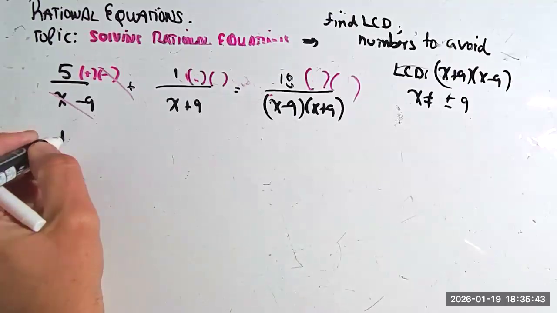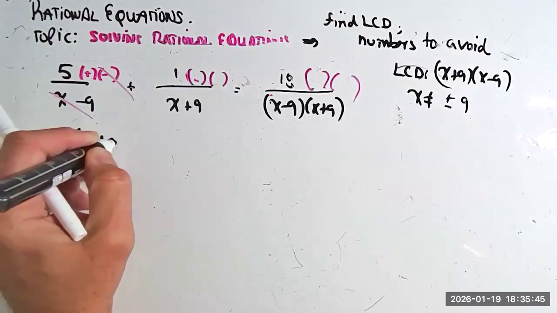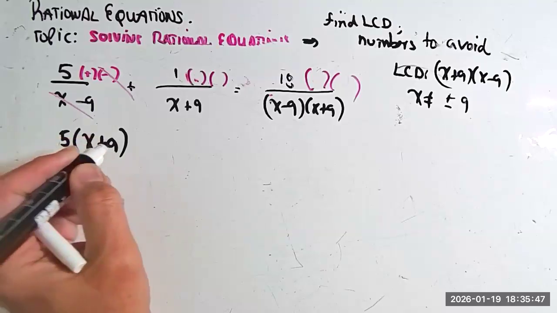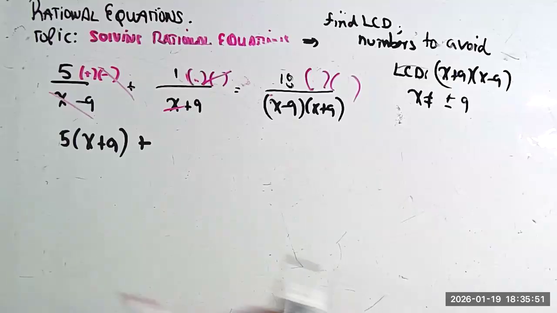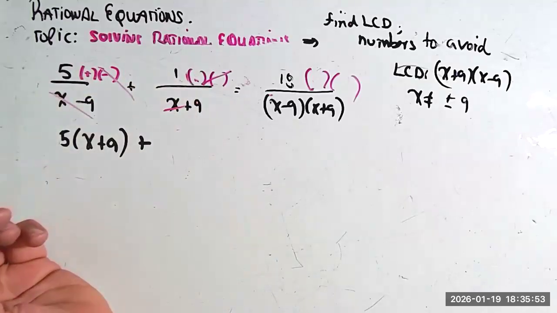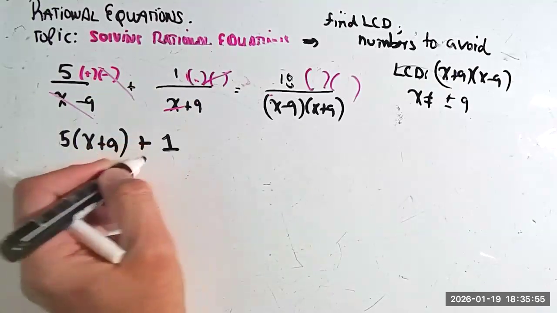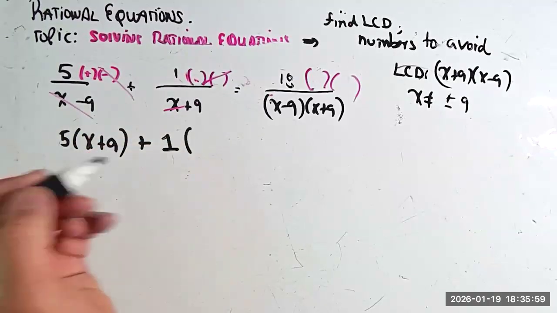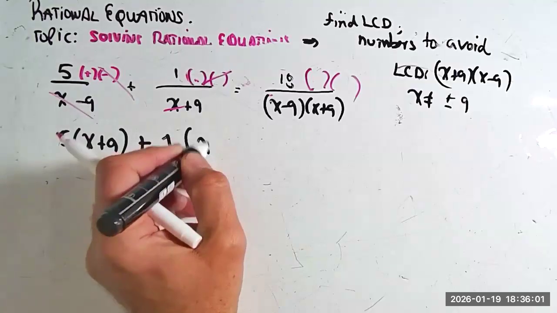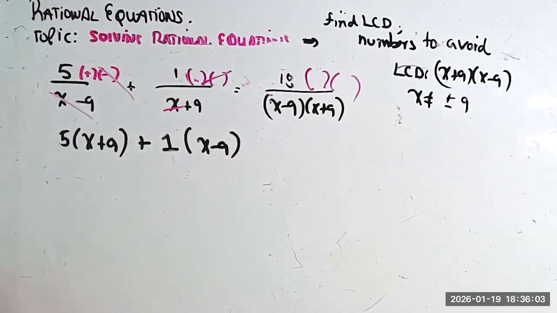So we have what? 5 times x plus 9 plus, here the x plus 9 cancels, 1 times x minus 9. I'm going to write the 1. Normally we don't need to. I'm just going to write it down just in case in other examples you have a different number. Okay.